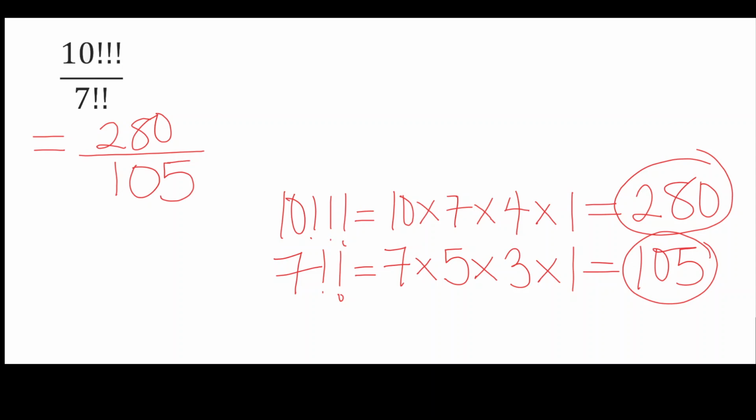Then all we need to do is get everything to the lowest term. And of course, 35 can divide both numerator and denominator. So 35 is going to divide both of them to have 8 over 3.